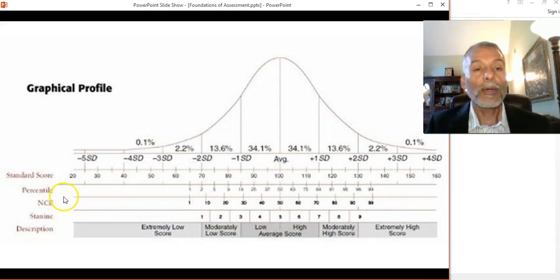But instead of, let's say, the percentile comparing the person to 100 people, as an example. When you say percentile, let's say the person achieves at the 50th percentile. You say, well, the person is doing better than 50% of the population.